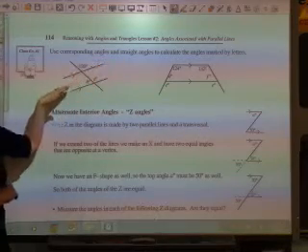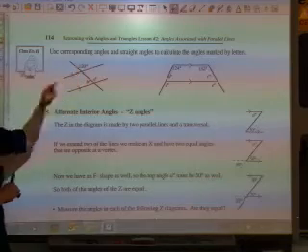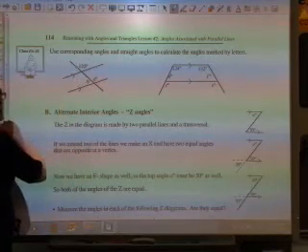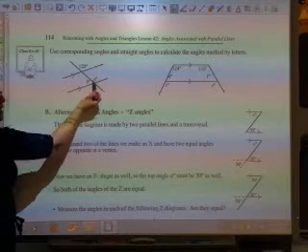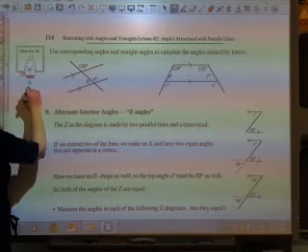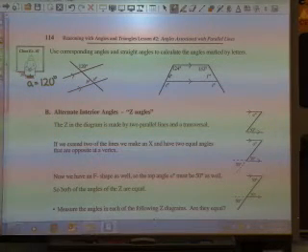I have these 2 lines are parallel. This is my transversal. So corresponding angles, if this is in the top right, then I have to be in the top right. So angle A will have to equal 120 degrees because it's corresponding.